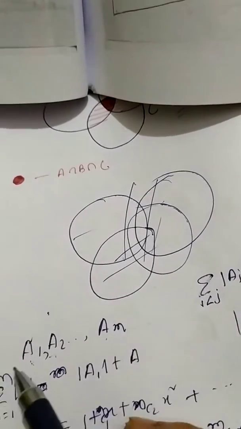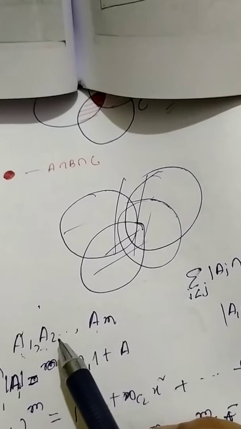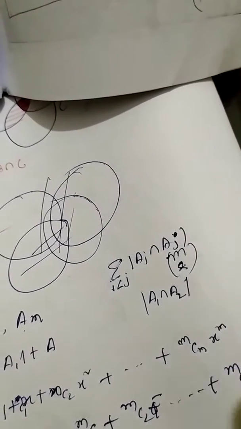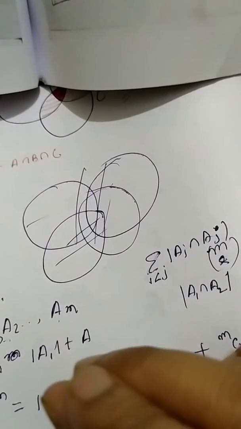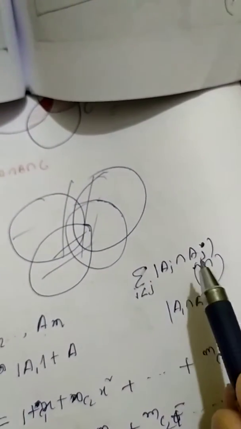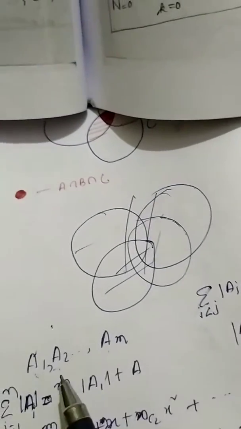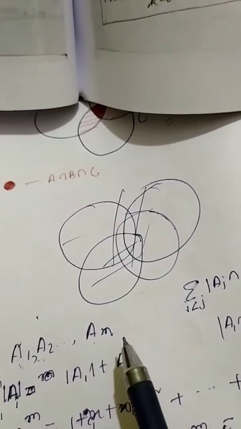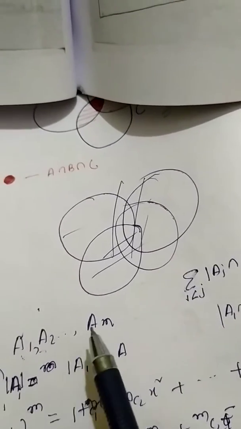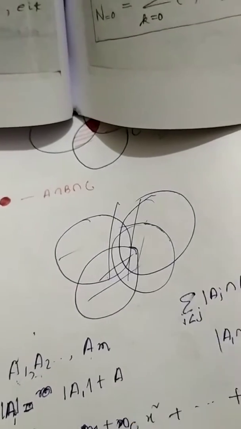Also a2 intersection a3, a2 intersection a4, something like that. That is, if I choose any two members of this m set, then we are going to count that x once.